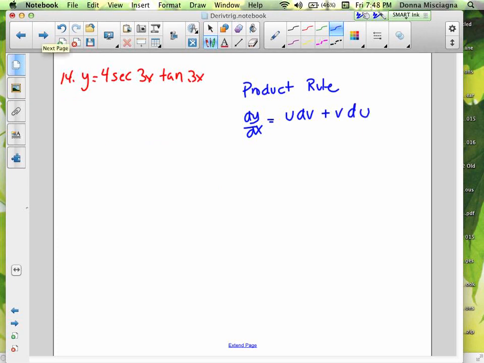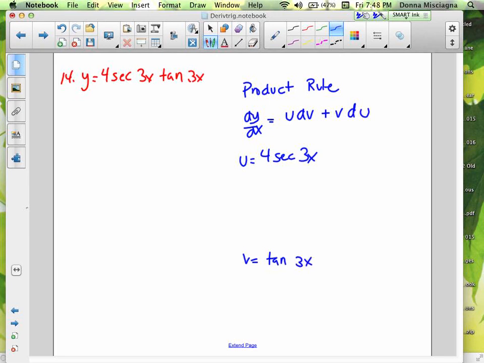Okay? So our first, of course, we'll call it 4 secant 3x. We could take the 4 out and multiply it at the end there, but I'll just put it right there. And then the v is, give myself some space here, the tangent 3x.